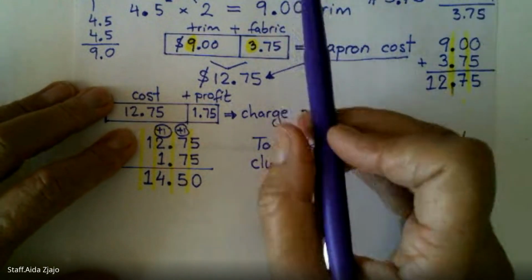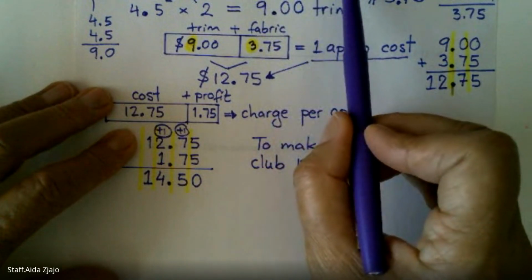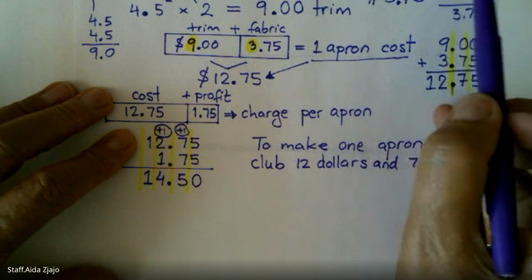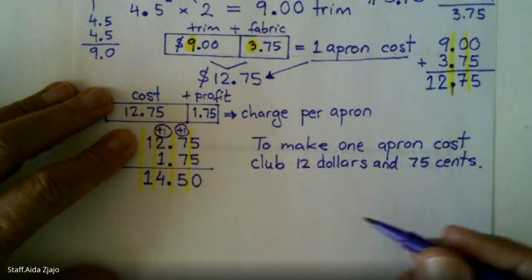Next, the question says, how much should they charge per apron if they want to have a profit of $1.75?